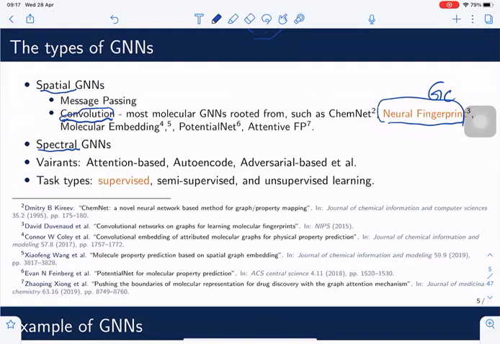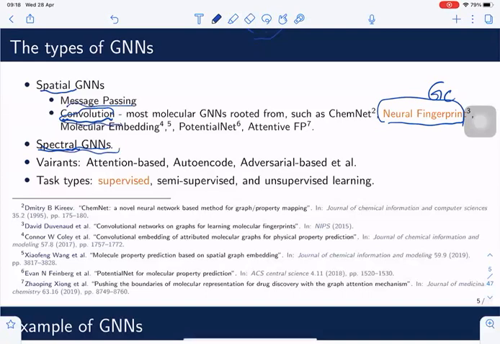If you have a filter, you sweep the filter over the images, right? It's a spatial manner rather than the spectrum. Compared with that, spectrum GNNs are very, very mathematical. They originated from signal processing with the Fourier transform, the Laplacian matrix and eigen decomposition. On the next page, I will give three examples for message passing, convolution, and spectral GNNs.